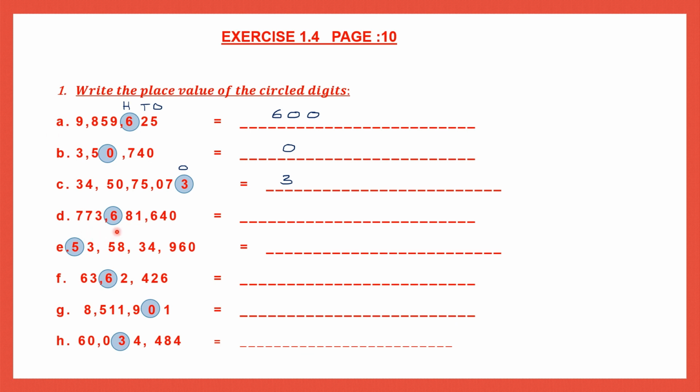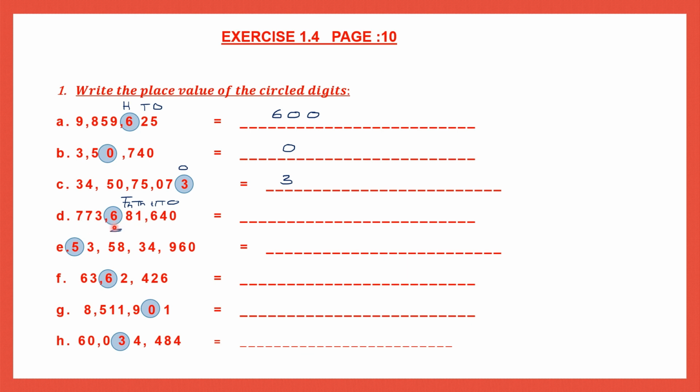Now the next digit that is circled is 6. Now let's see which place this is in. So let's begin here. This will be ones, tens, hundreds, thousands. This is 10,000. Now this one, 6, will be 100,000 because this is in the international system. As you can see, 3 digits, comma, 3 digits, comma, 3 digits.